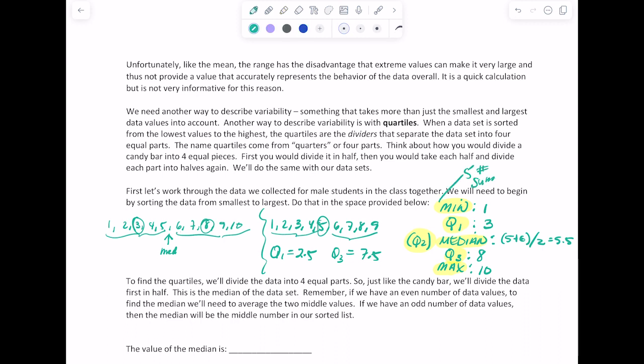If you're ever asked to find the 5-number summary, those are the 5 values you're going to look for. And we don't want to include the median or Q2 when you are finding the quartiles.